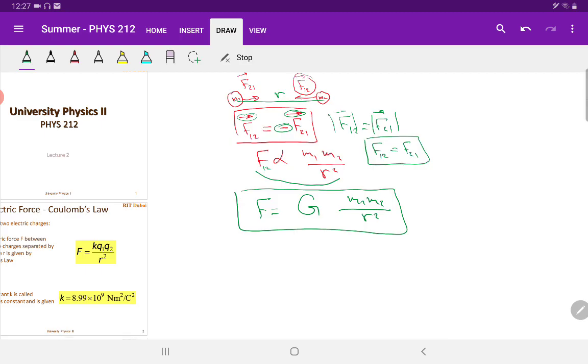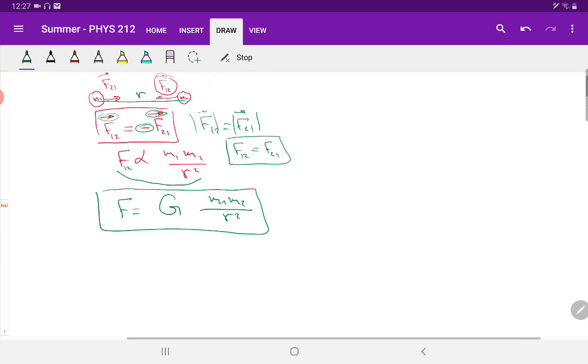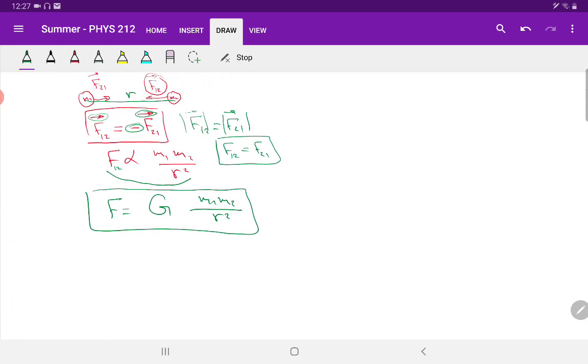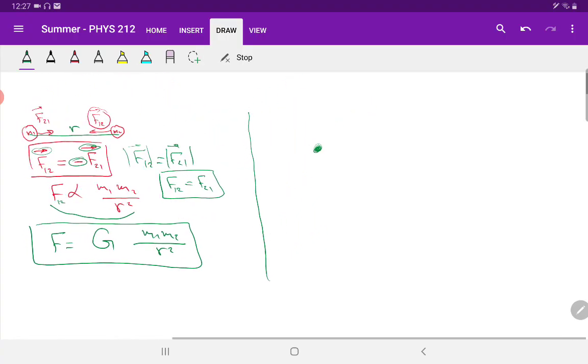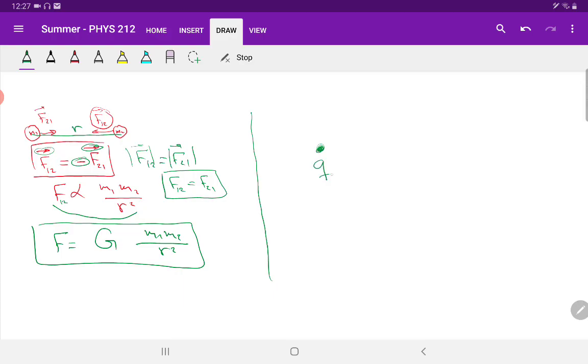Now the question is, can we do a similar thing for the electric force? Actually, yes. If I have a point charge, and we'll try to ignore the size at this moment, I will call this one Q1, and there is another point charge, Q2.